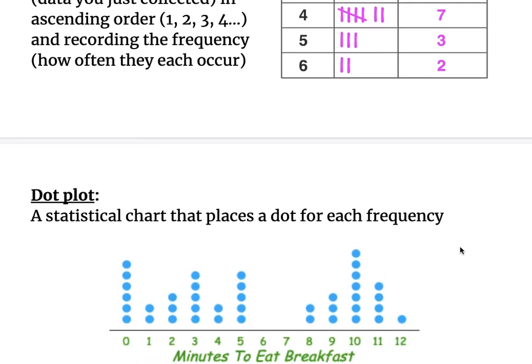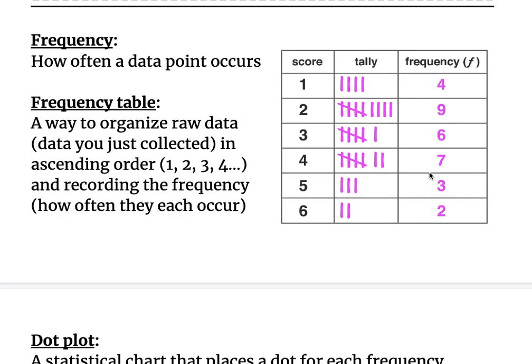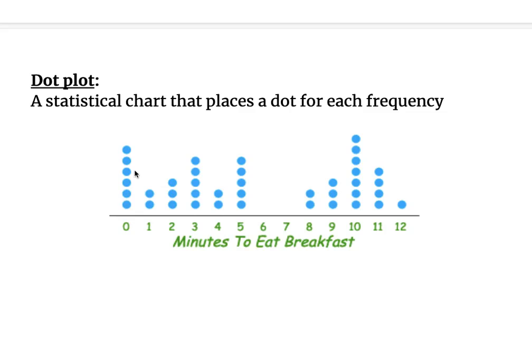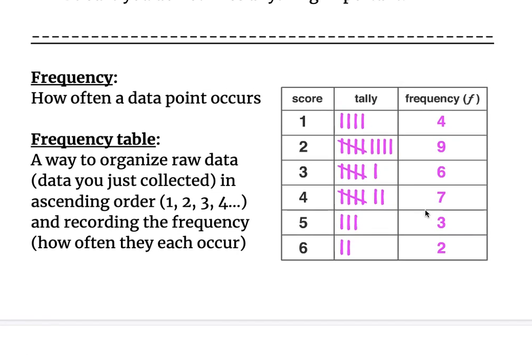The reason why we changed the frequency chart or the frequency table into the dot plot is so that we can see, and we'll talk more about this in a future lesson, the shape of our data. In a frequency table, you can kind of see it if you looked at it sideways.